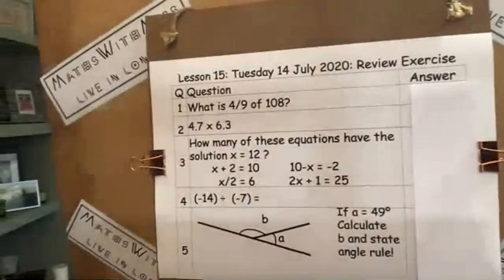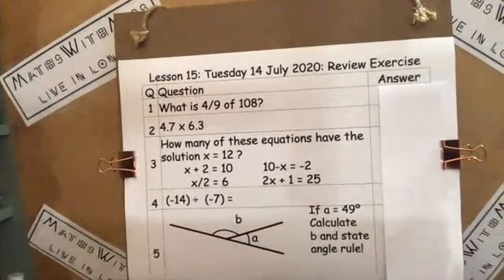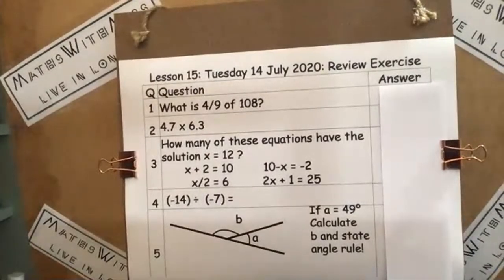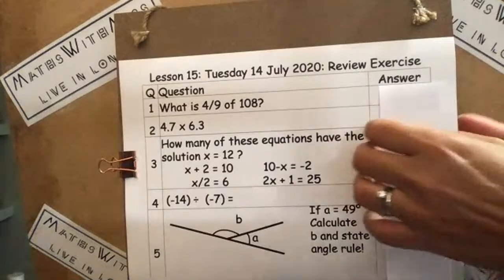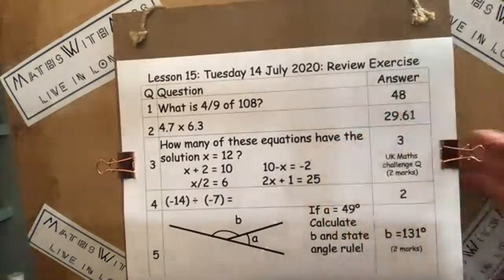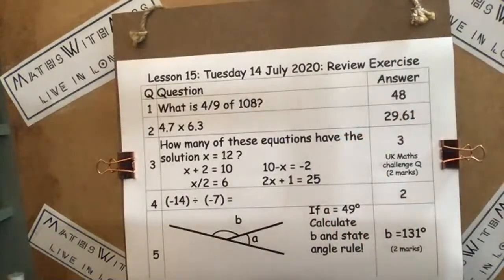Okay, if you are watching this on catch up, now is your chance to pause and do these questions now if you haven't already done them. But for the rest of us, let's go through some answers. So 4/9 of 108 is 48. 4.7 multiplied by 6.3 is 29.61.